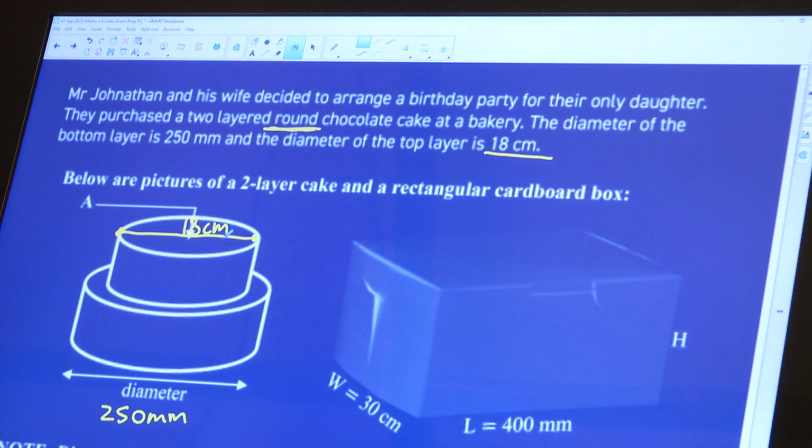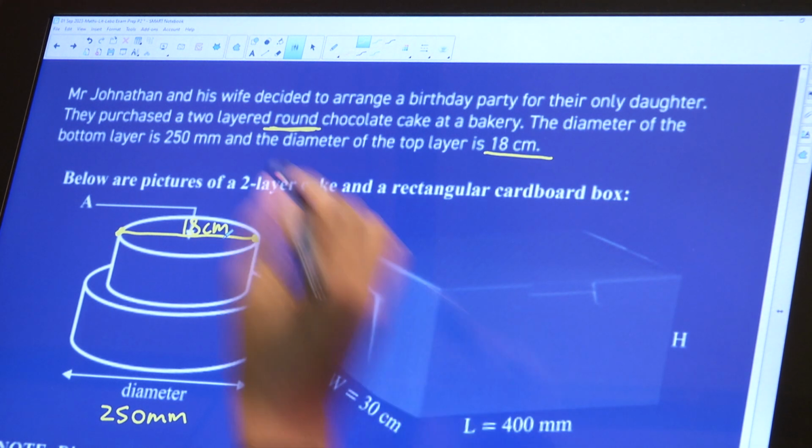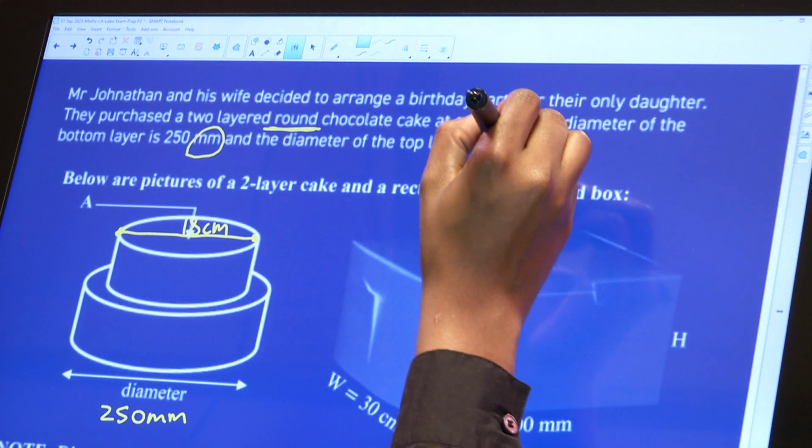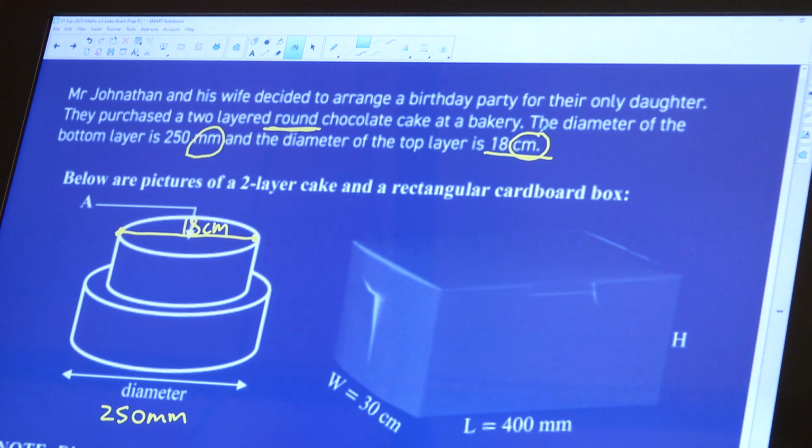So already here, I'm picking up one thing that you need to always pick up. It's the unit of measurement. Do you see that? One diameter is given in millimeters and the next diameter is given in centimeters, meaning I'm going to have to do some sort of conversion somewhere along the way.